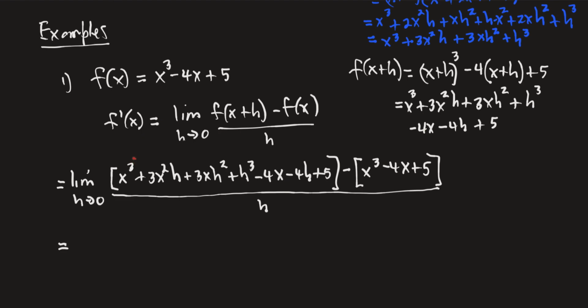So we have an x cubed here, and then minus x cubed right here, right? And again, that minus is a part of our difference quotient. Let's see what else. We have a negative 4x, and over here we're subtracting negative 4x. So again, those will cancel out.